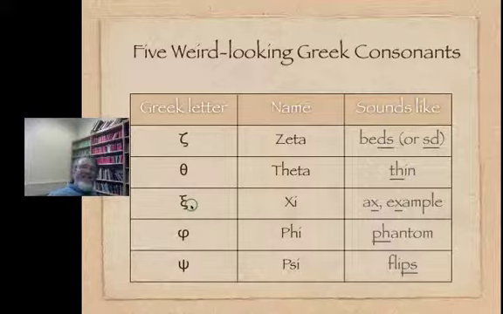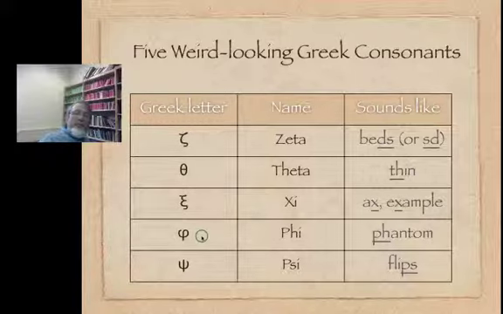This symbol is the X. Remember that we had the chi, which represented a kh sound, but this one really is the x sound, as in axe or example. This symbol, which looks kind of like an O with a line drawn down through it, is phi.